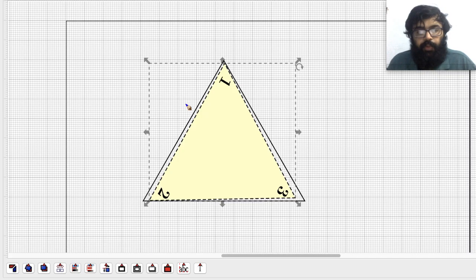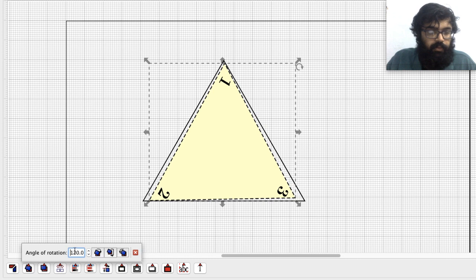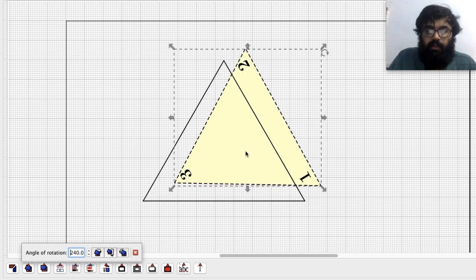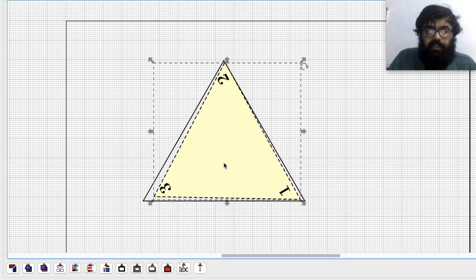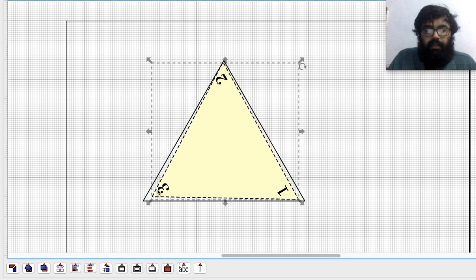Now again let us rotate the same figure by 240 degrees. Then also it will sit in the same frame. So let us rotate by 240 degrees. I am not able to zoom it. So this is 240 degrees. Now I press enter, and let me bring this into the frame. Yes, it sits in the frame, and this has become 3, 1, 2.